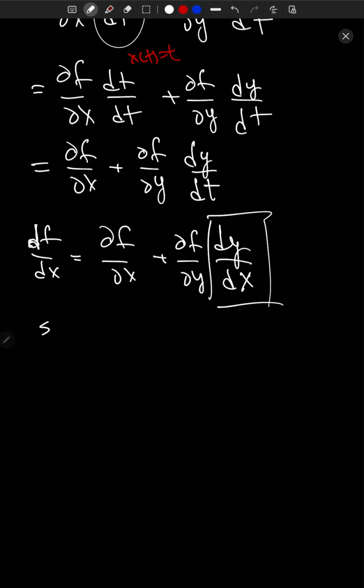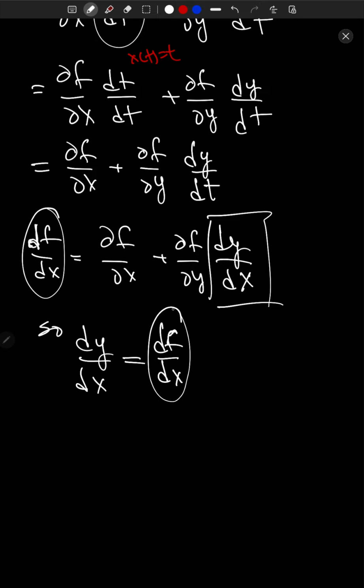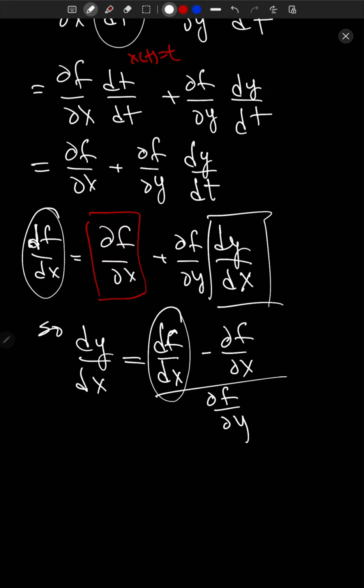So dy/dx is equal to minus df/dx, and the straight d's here tell me that I'm doing the derivative of the composition function, as opposed to this partial here, where I'm just doing the derivative of f with respect to its first variable, divided by df/dy.